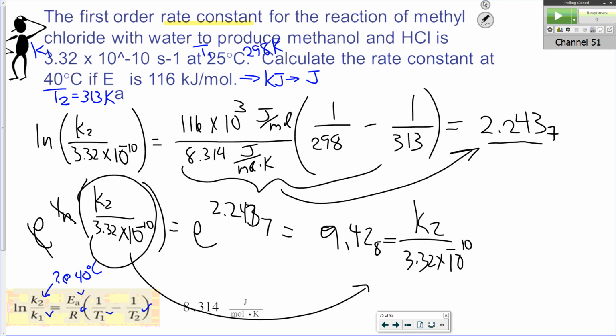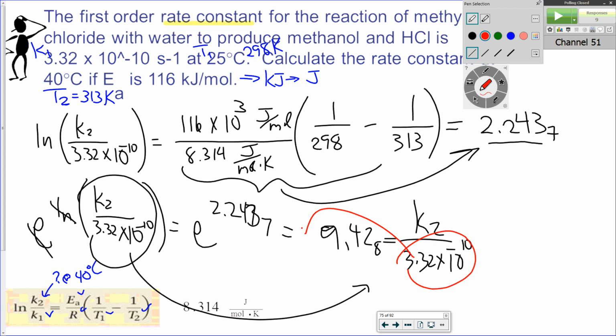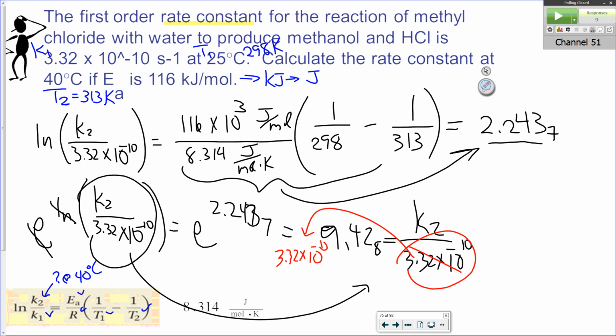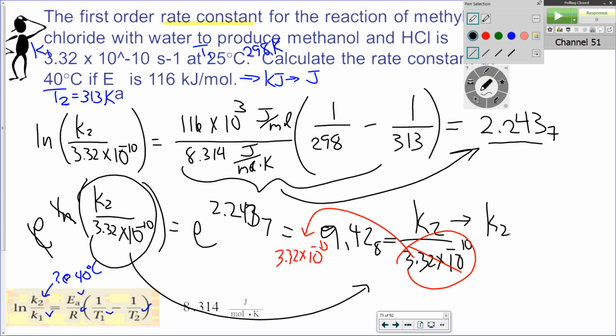So if I want to know what K2 is, simply take this term, multiply it up here, and it tells me that K2 is going to be about 10 times larger, roughly.